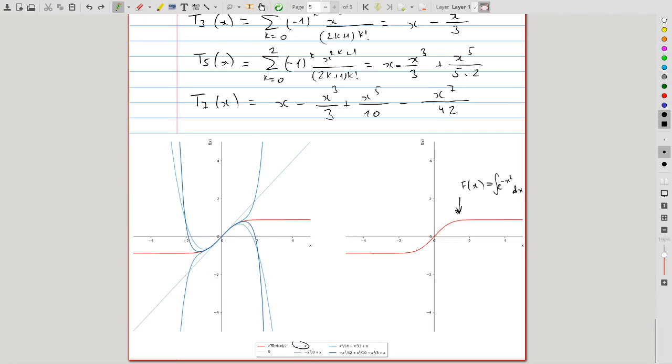So it's in this light blue color, and this is our polynomial x. And now we have the third degree polynomial, which is in this slightly darker blue. It also has negative leading order terms.